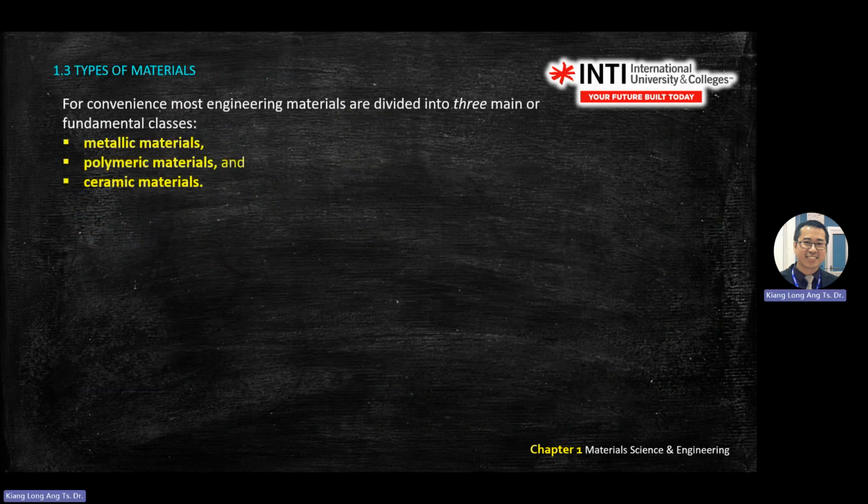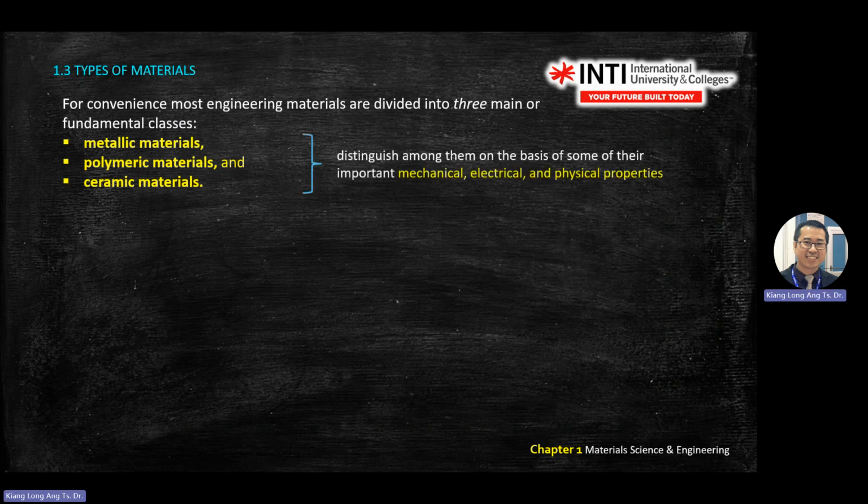All right. Now, in this module, you deal with three types of material: metal or metallic materials, polymeric or polymer, which you learn in your chemistry class, and then ceramic, right? So how do we differentiate them in engineering materials?